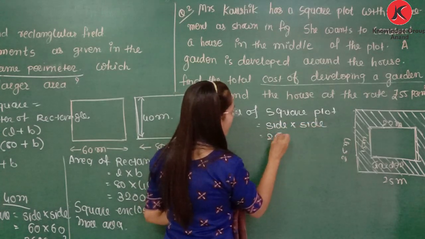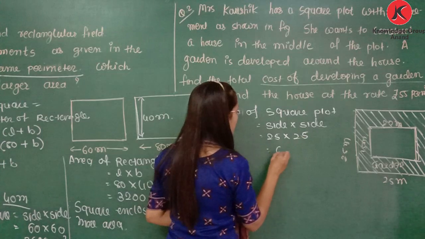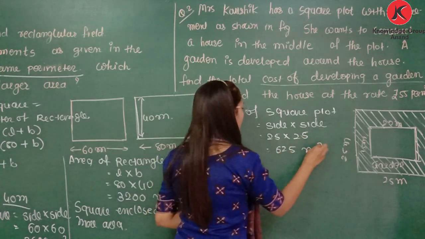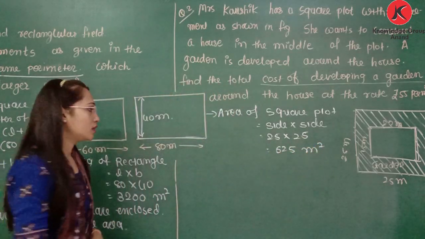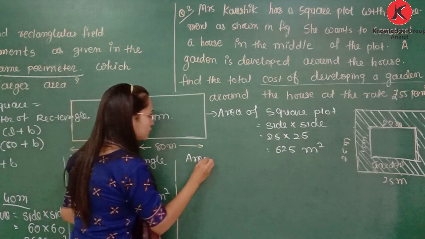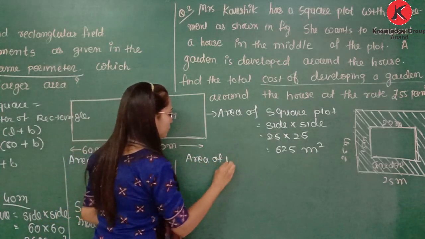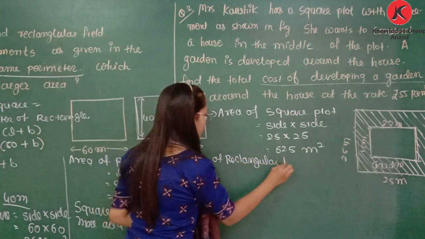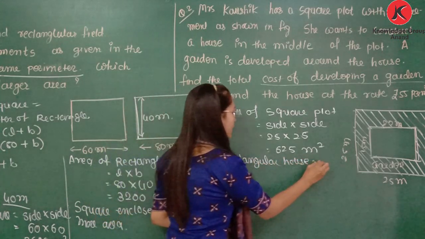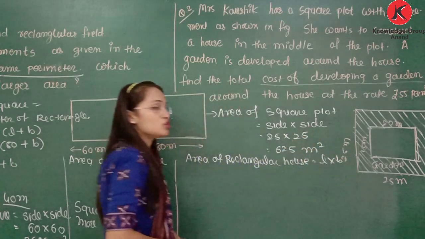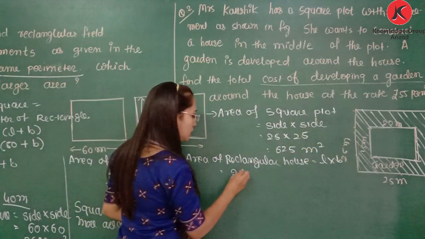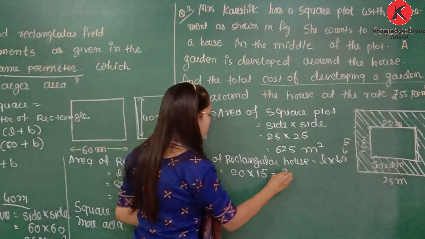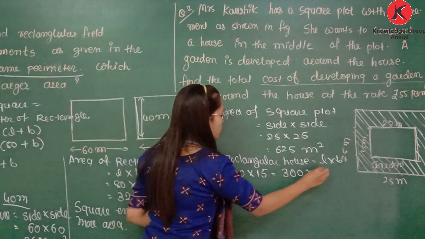It is 25 multiplied by 25, which is 625 meters squared. That is the area of the plot. Now the area of the house is L multiplied by B. The length is 20 and B is 15, so that is 300 meters squared.